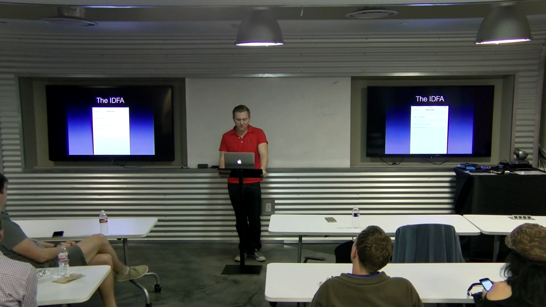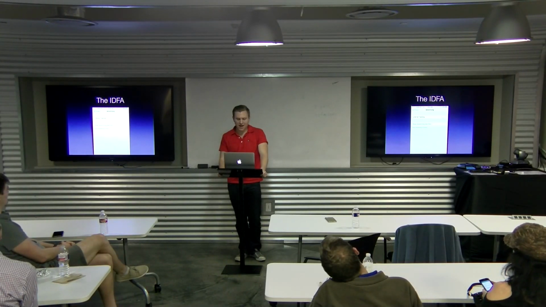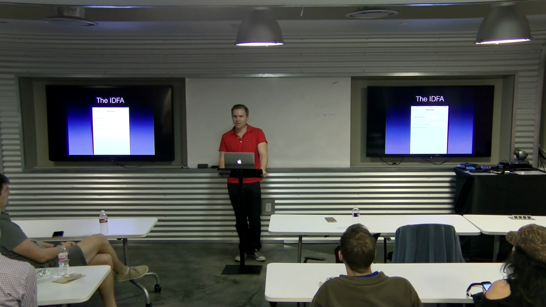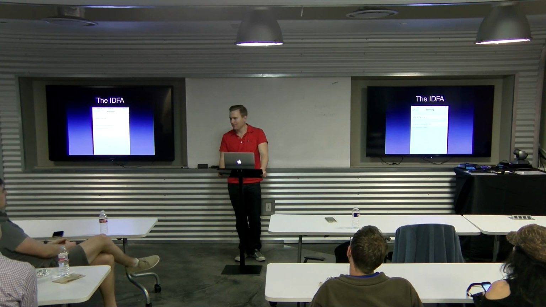So this is one thing with iAd, and one thing I read about it a lot is that Apple's big differentiator that they push from Google is their privacy, and they're not selling you as a product.